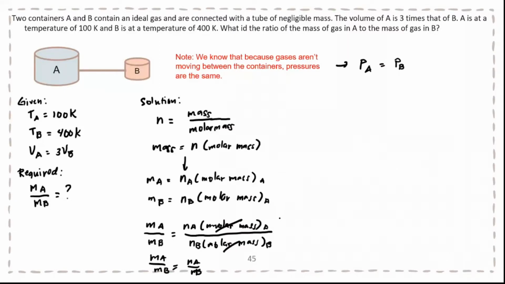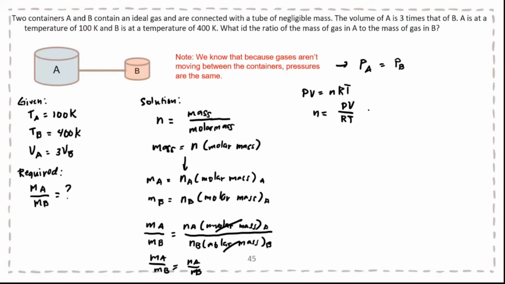So how do we get the moles now? Using the ideal gas equation, PV is equal to nRT, n is equal to PV over RT.